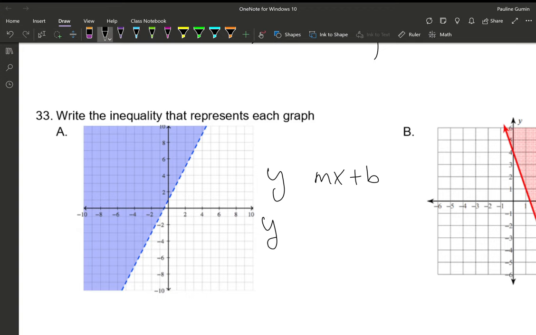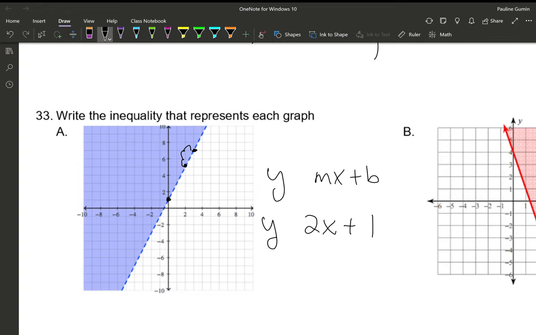So there's my y. y is just y. Let's find the slope. I'm going to use 2 points, okay? So go up 2 to the right 1. So our slope is 2, and our y-intercept is positive 1. Now we decide what symbol we're going to have.